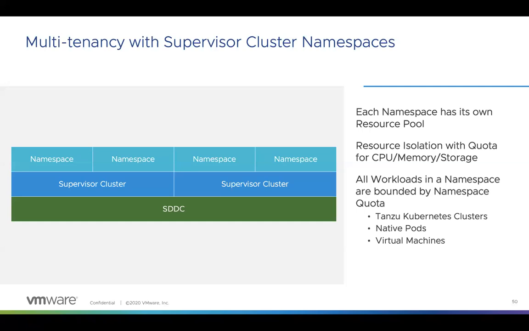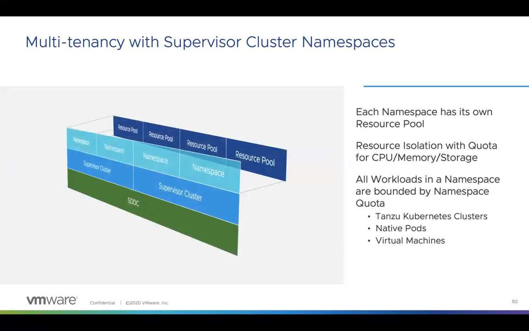And within the namespace, you can define your access policies, your quota, everything for both containers and VMs. All you see in the backend is it's more like a resource pool. Right. So the question was, how different is namespace compared with DRS resource pool?